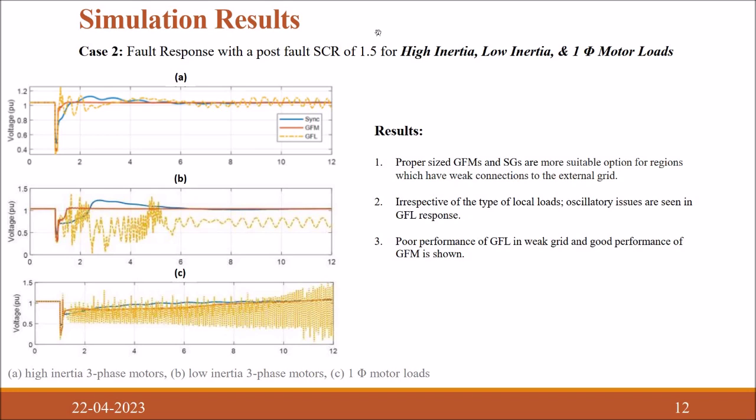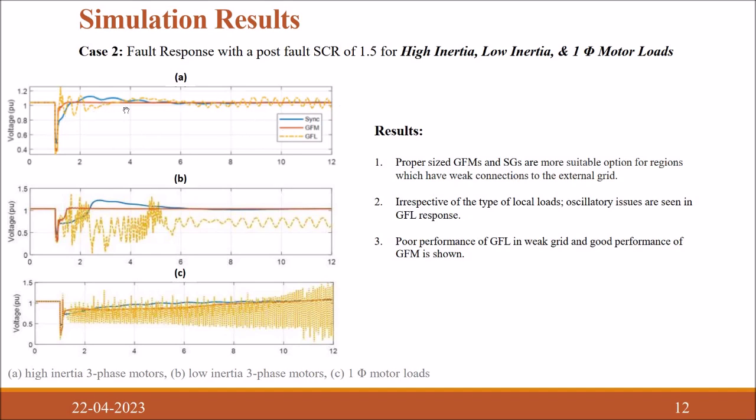So here, when we talk about high inertia, low inertia, and single phase loads, we see that a properly sized grid forming inverter and synchronous generators are suitable for connection in these types of weak grids.